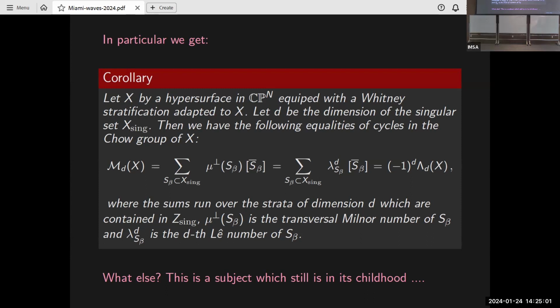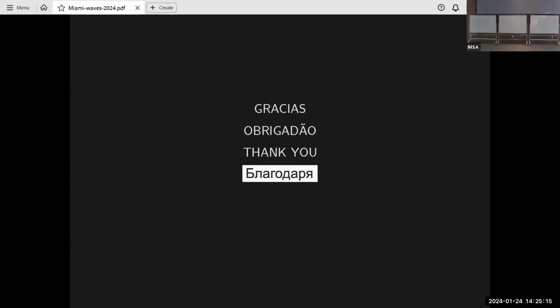So in that case, the Milnor classes are some very beautiful geometric objects. What the definition is in general, that's something which we did not understand. This is a subject which is very much in process.